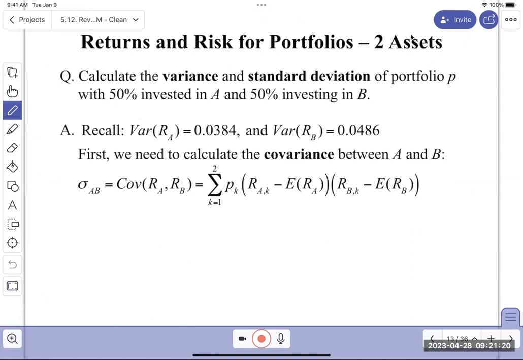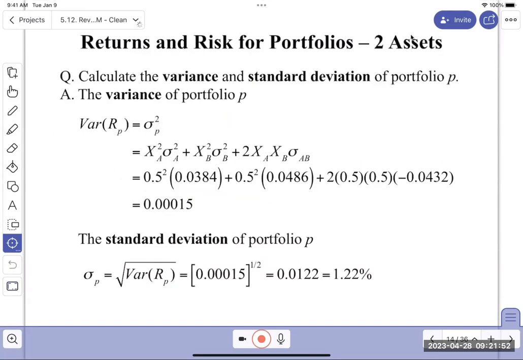So what we're going to do is put that here. Just look a moment at the formula. So this is what we did. We did the deviations from the mean times each other for each variable. This notation is just telling us to go through the different states of the world. And now we have the two variances, which are just the squared standard deviations.